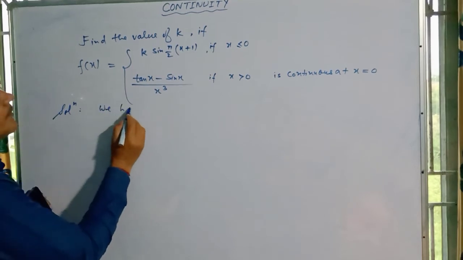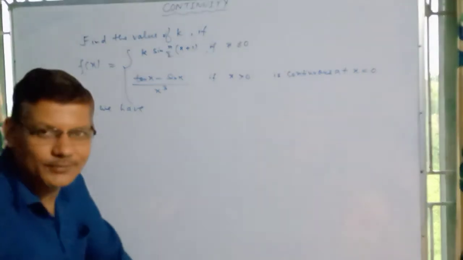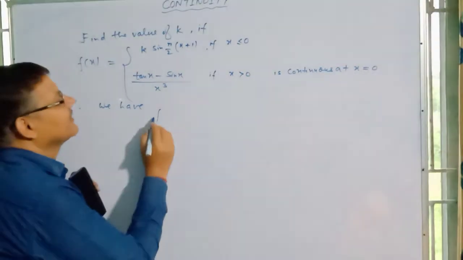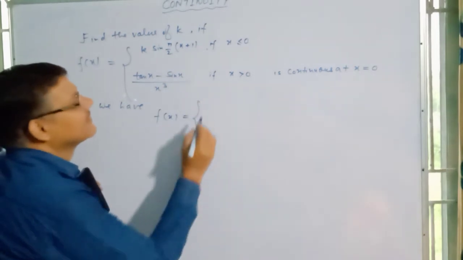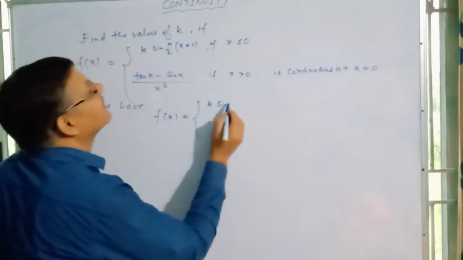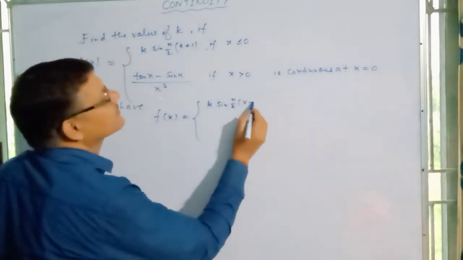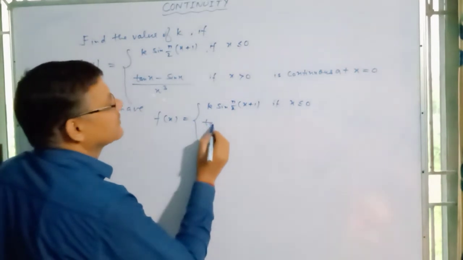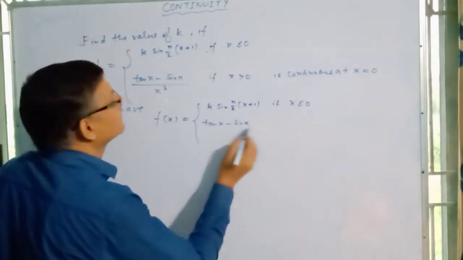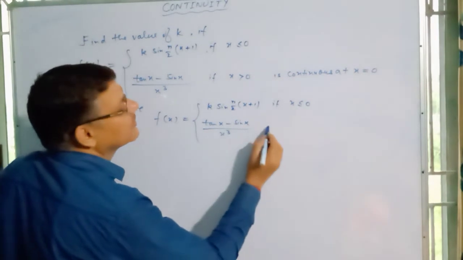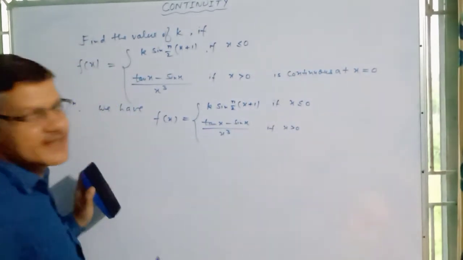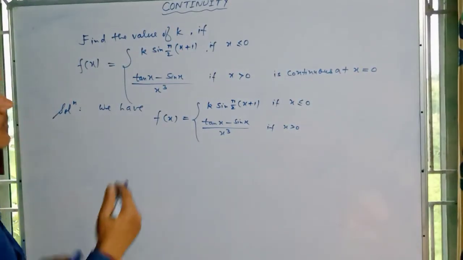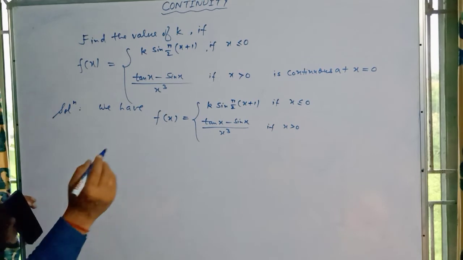We have the given function: f is defined as k sine pi by 2 into (x plus 1) if x is less than or equal to 0, and (tan x minus sine x) whole divided by x cube if x is greater than 0. Same as before, first we find the left hand limit, then the right hand limit, then we equate to the value of the function at that point. So the starting is the same.